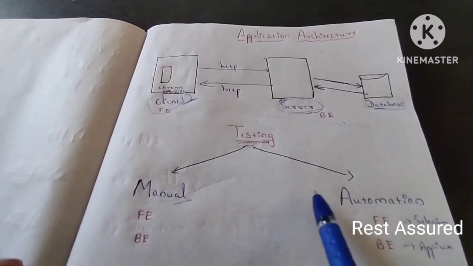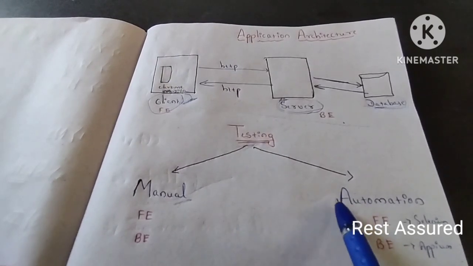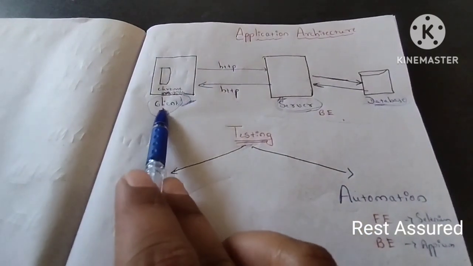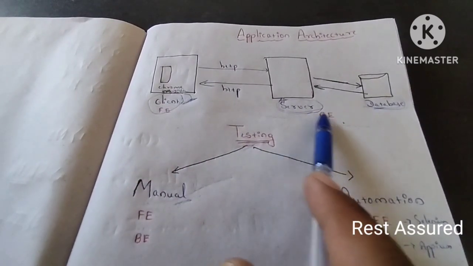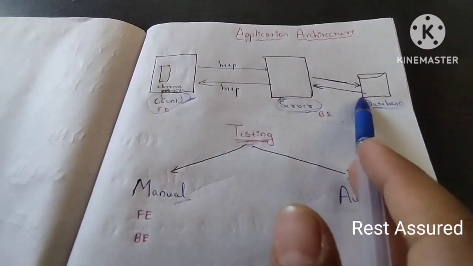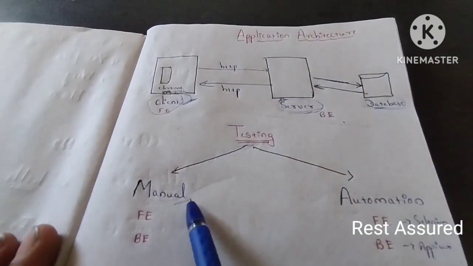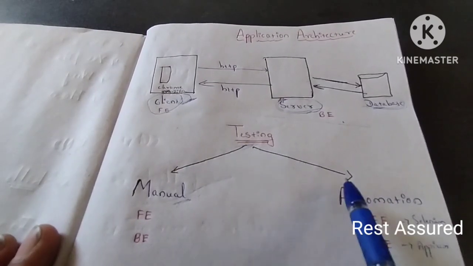Automation means using some application, some tools, something like that. Whatever we have seen as the client is the front end. The server is the back end, and the database also comes under the back end part. So manual and automation testing are the two categories under testing.